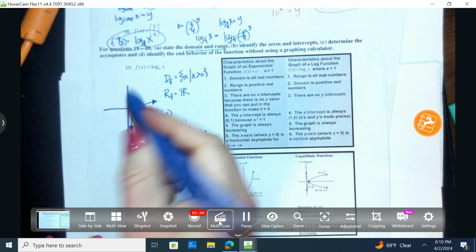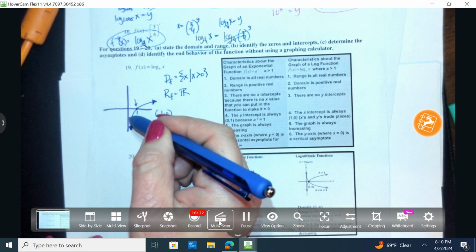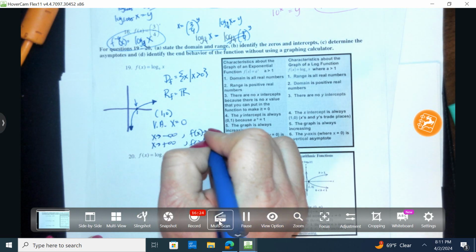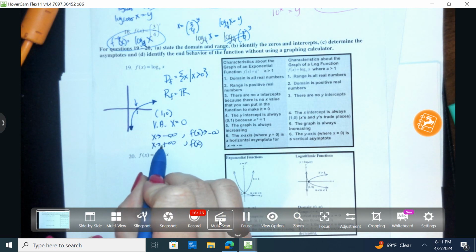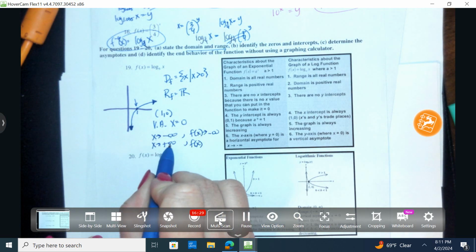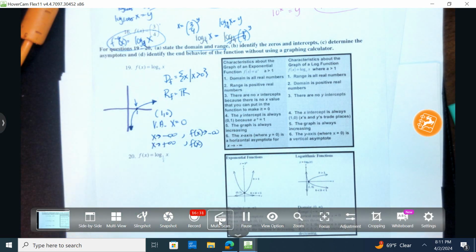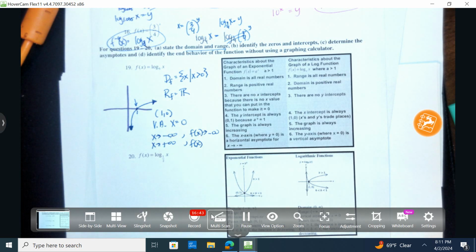As the function goes to the far left, what is it approaching? It's approaching negative infinity. And as the function moves to the right, it's... oh, you know what? I think I may have that wrong here. Let's see here. I've got to think about this again. All right. So as we're moving to the left, it's approaching 0, because it's always what is the x value.